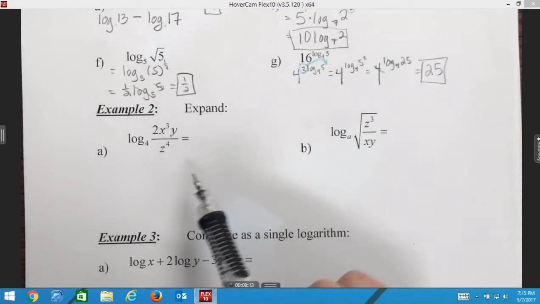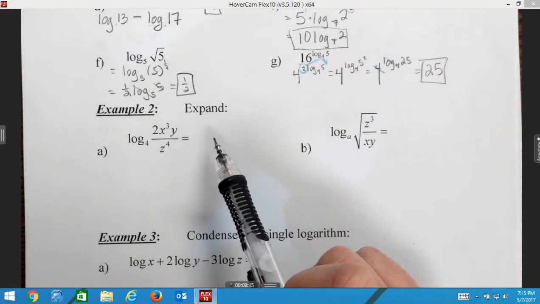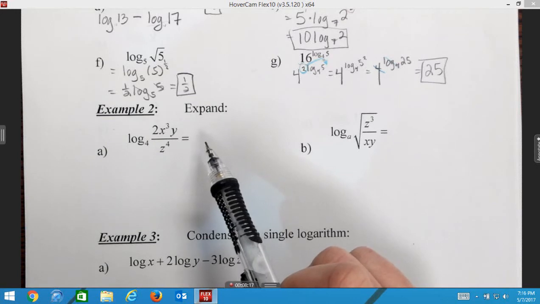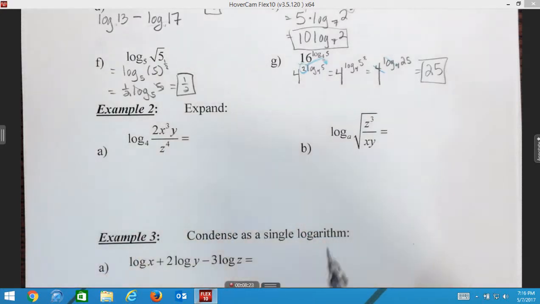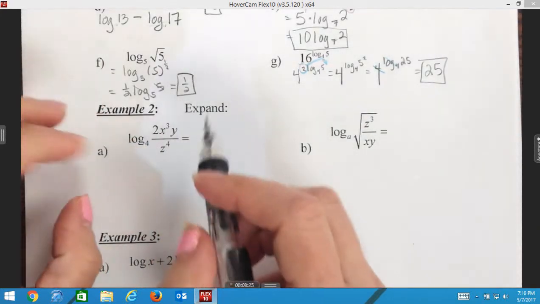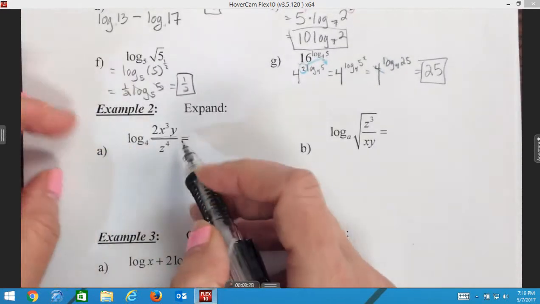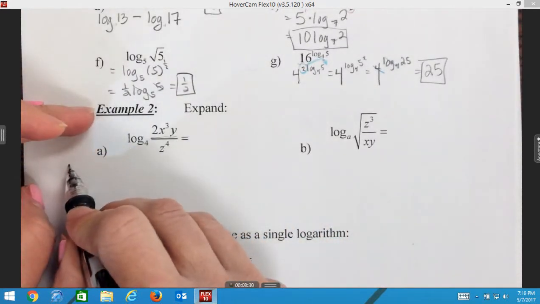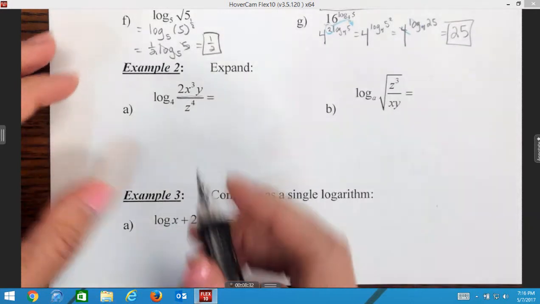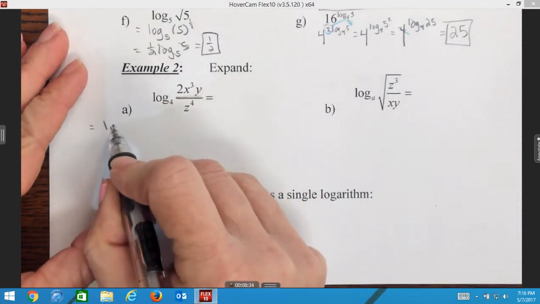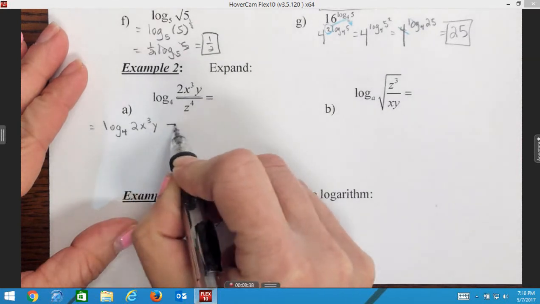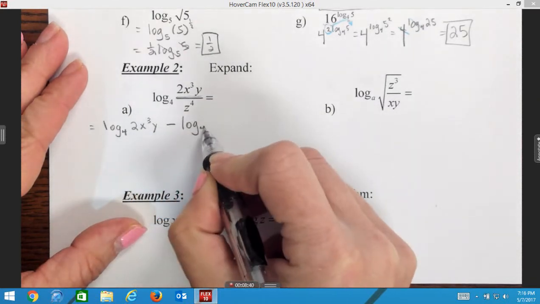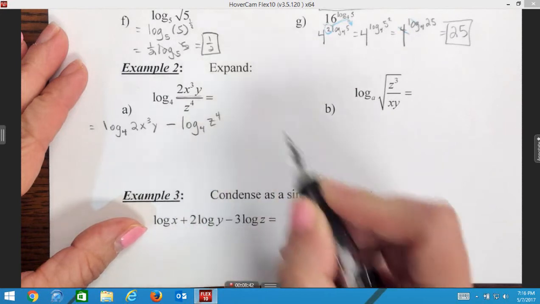All right, when we are asked to expand, we're just going to use our log properties to expand this entire term out to as many different logs as we can. So I would start by using this division sign and make it into subtraction. So I will have log base 4 of 2x cubed y minus log base 4 of z to the 4th.